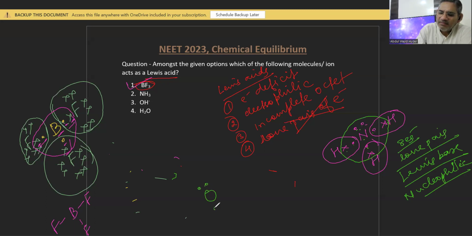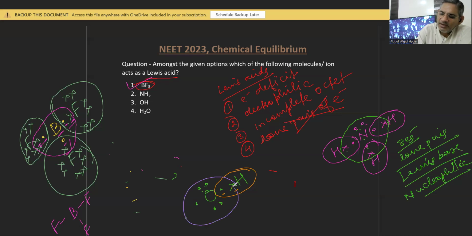Now see what next is OH minus. See, oxygen is having 6 electrons, out of which 2 will be unpaired, and these 2 will be lone pairs. 1 hydrogen will be having 1 unpaired electron. In this way, 1 unpaired electron of hydrogen will overlap this 1 unpaired electron of oxygen, and both will get paired. Now see, what about this O?